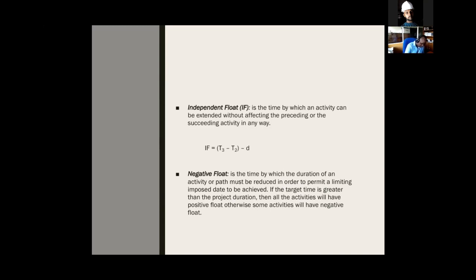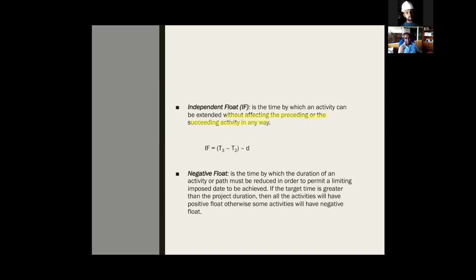Right? Only this activity is delayed, without affecting the preceding or the succeeding activity. It's independent of other activities. Whatever happens, it cannot affect any other activity in any way. That's independent float.